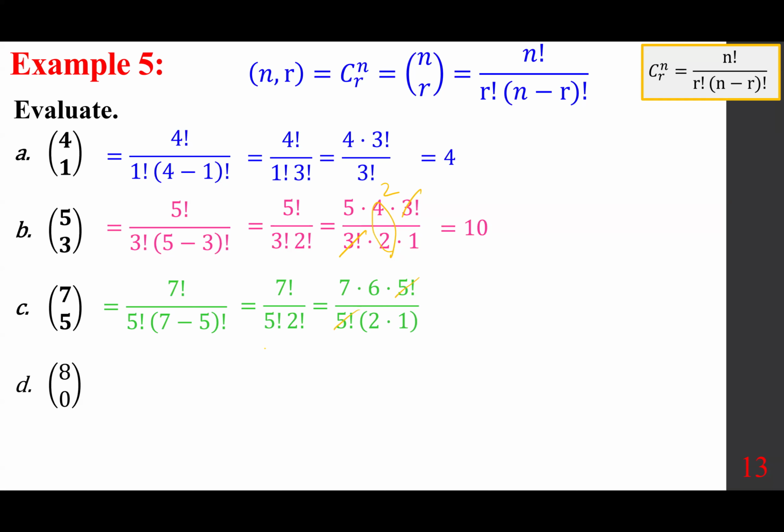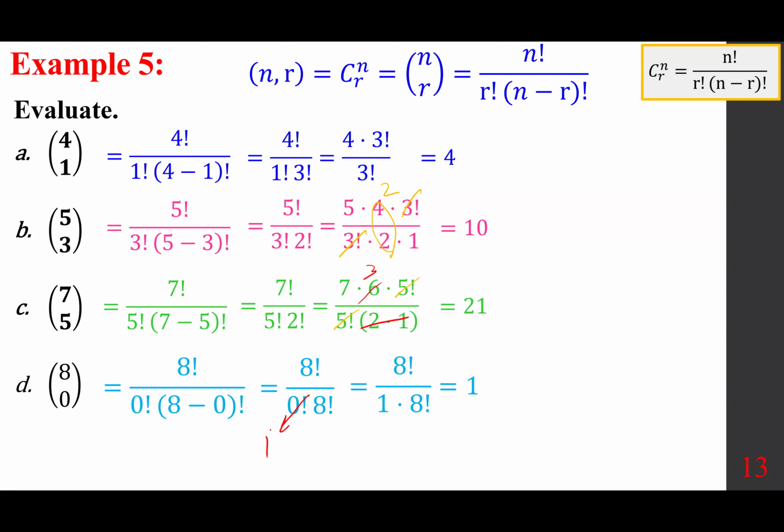And the 2 factorial is 2 times 1. So 3 times 7 is 21. Now 8, 0: 8 factorial over 0 factorial times 8 minus 0 factorial, which makes it 8 factorial over 8 factorial. 0 factorial is 1, and we end up with 1.